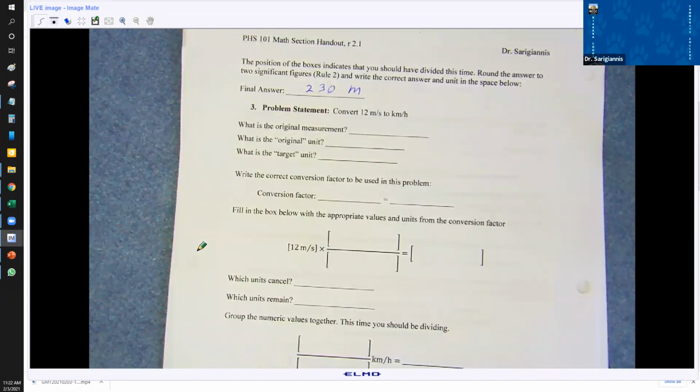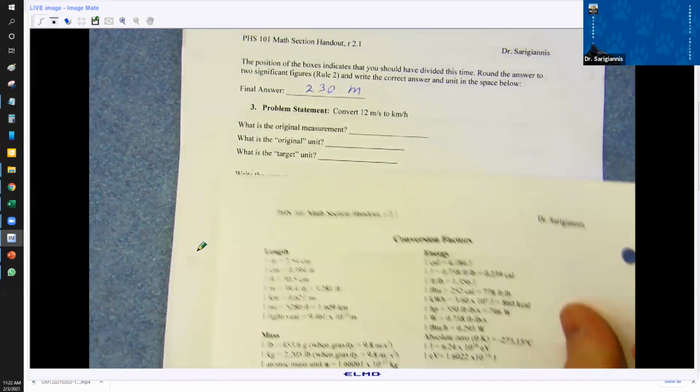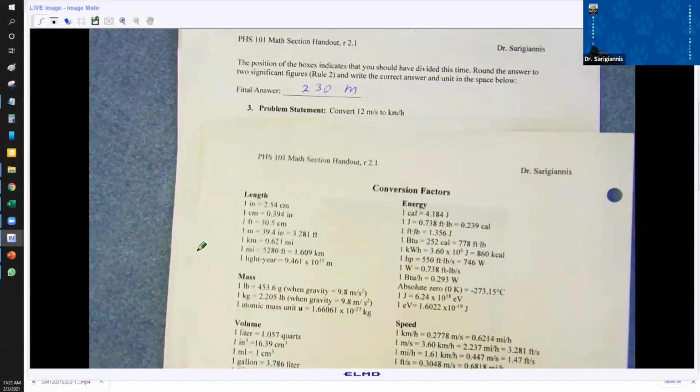All right, the next one here is the conversion of meters per second to kilometers per hour. This is relatively straightforward on the length component, but not on the time component, so you have to either figure it out or look it up.